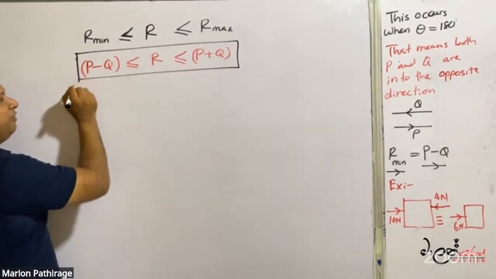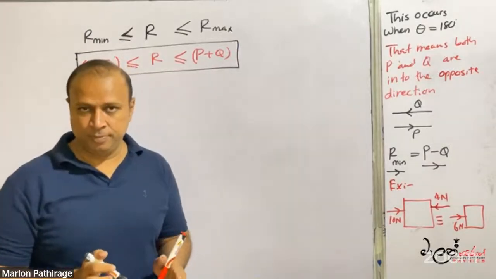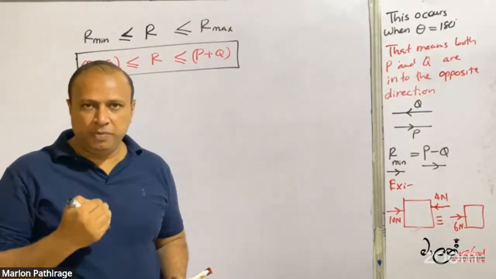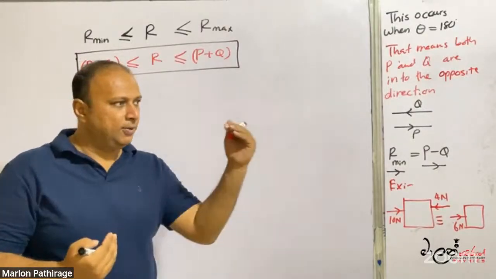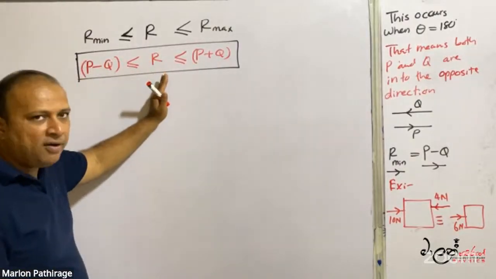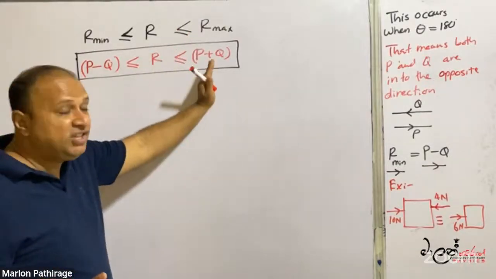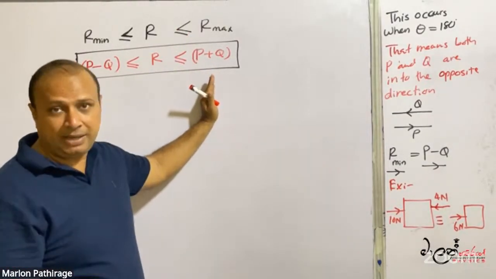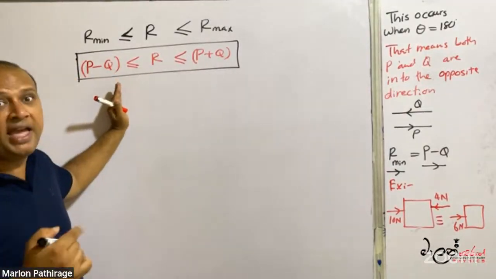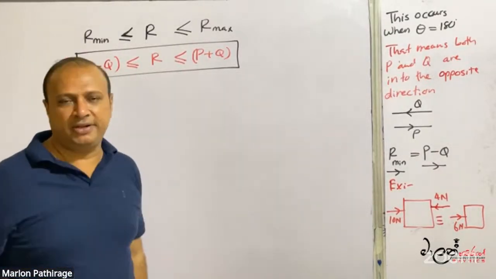If you are given any two vectors, their resultant vector should be in between P minus Q and P plus Q. Therefore, R cannot take a value which is higher than P plus Q or which is lower than P minus Q. That is the most important lesson.